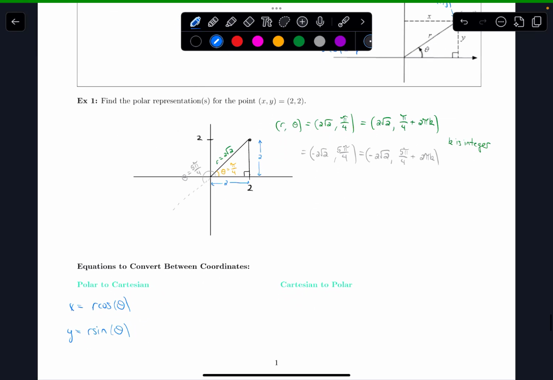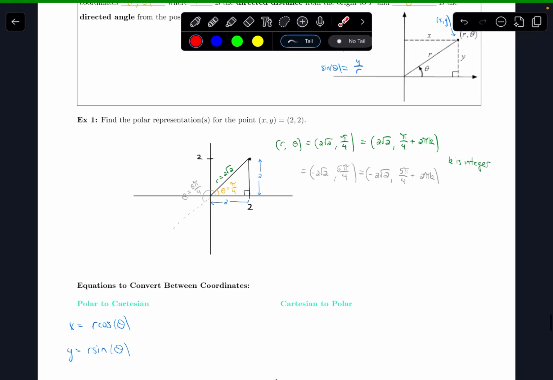So with these equations, if I know the polar coordinates, if I know r and theta, I can plug them in here and then figure out what x and y had to be. I can convert it to Cartesian form. I could also go in the other direction, but to do that I need some new equations. So if I did Pythagorean theorem here, it would give me that r squared equals x squared plus y squared.